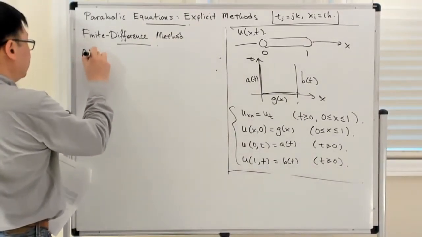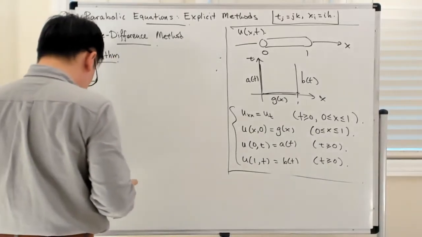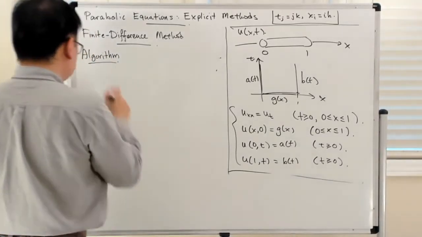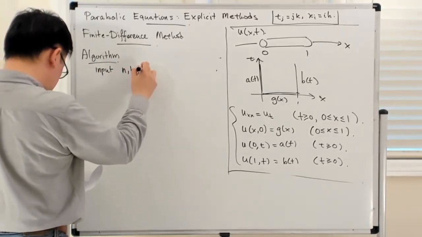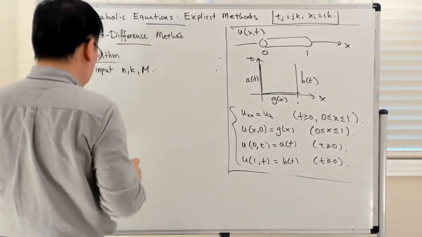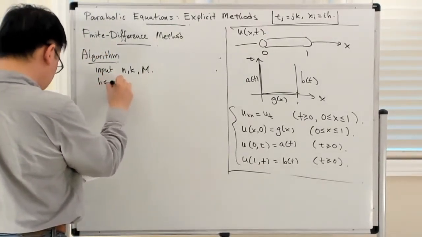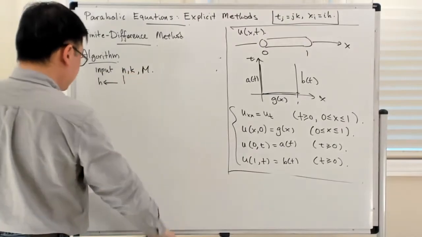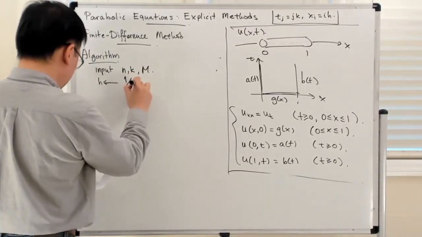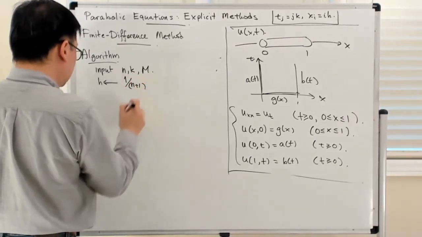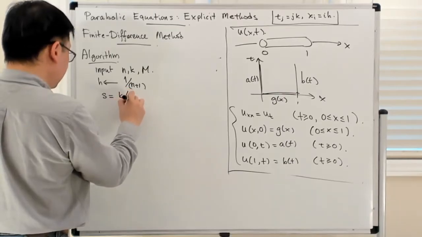Okay, so the algorithm is as follows. You have the following inputs: you input n, k, and m. M is the number of time steps you're going to compute. So h is 1 divided by n plus 1, and then s is k over h squared.